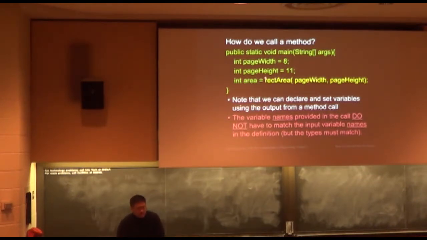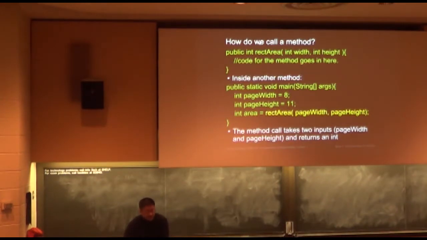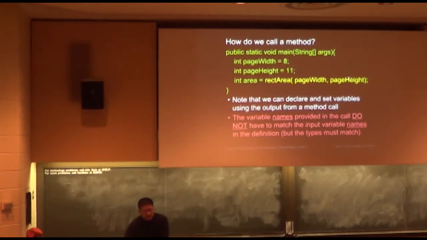So you can think of this, this little expression here, rectArea, as being an expression that is equivalent to an integer, because I've defined rectArea as returning an integer. After rectArea finishes running, this is going to be an integer. So when I attempt to assign the output of rectArea as an integer into this variable area, it's okay with assigning that because rectArea generates an integer as output.